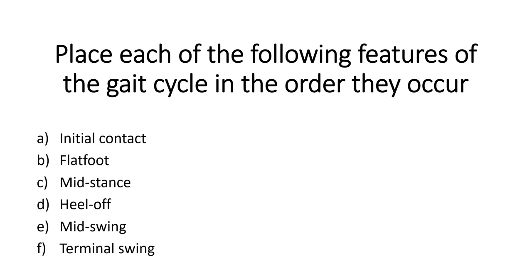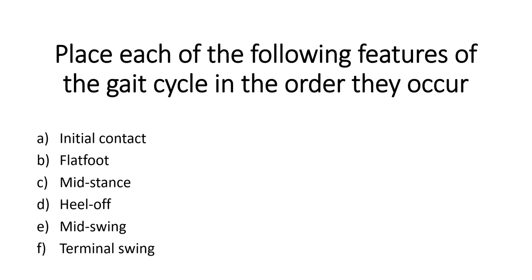Mid-stance is the point where the body is balanced on the stance limb. The other limb, or the contralateral limb, is going through the swing phase, and it is the exact middle of the stance phase where the hip, knee and ankle are all vertically aligned.